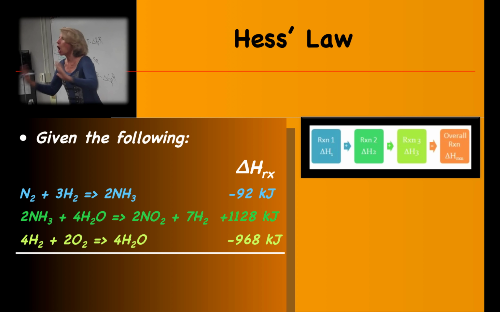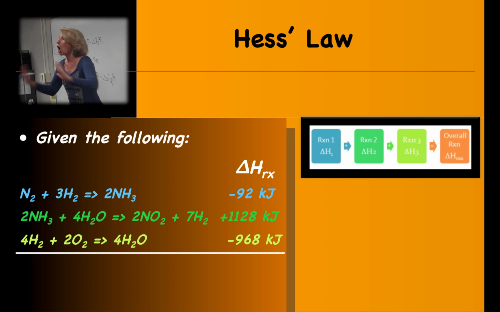Now let's see what the overall reaction is when we combine all of the reactants on the left side of the arrow and all of the products on the right side of the arrow. When we do this, we want to combine like terms.